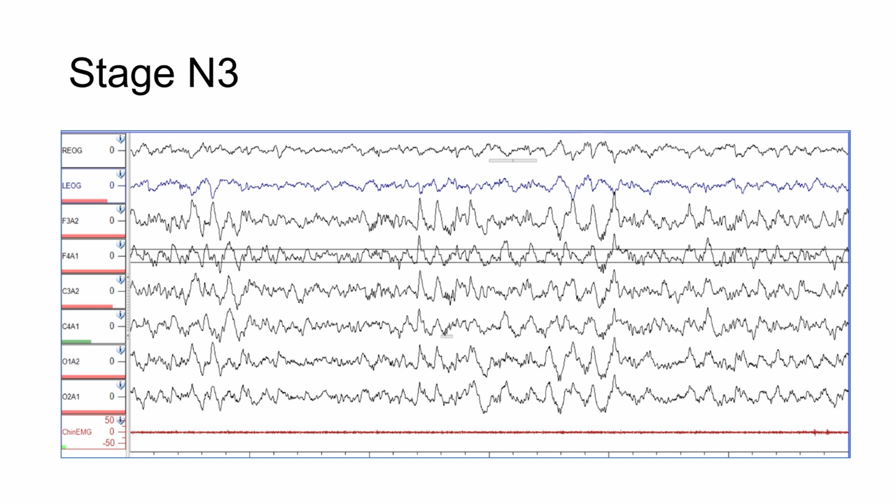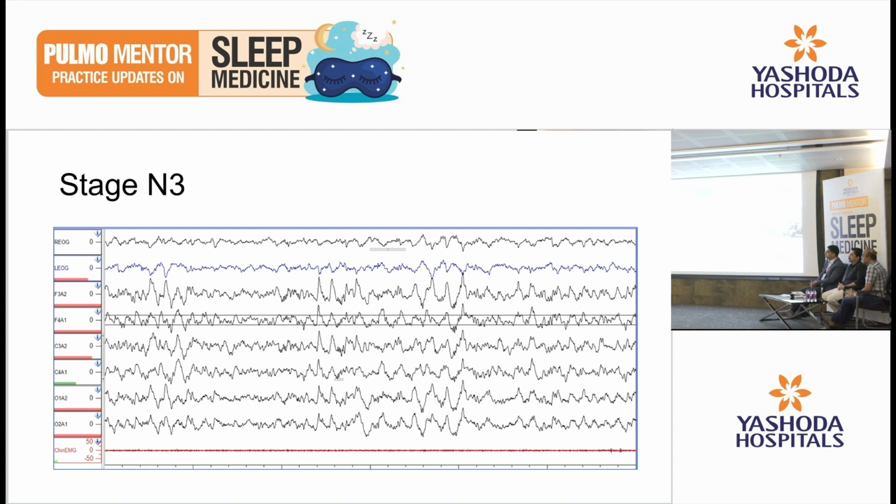Let's say this is one slow wave; you measure its duration. Let's say this is the second slow wave; you measure its duration. This is the third slow wave; you measure its duration. Add them together and then decide whether the slow waves are present for more than 6 seconds or not. If slow waves are present for more than 6 seconds, we score it as N3.